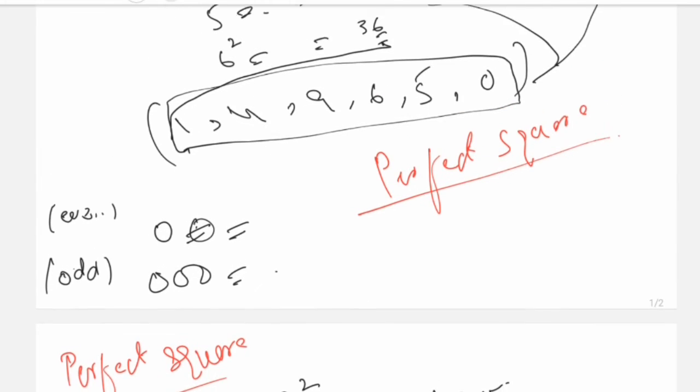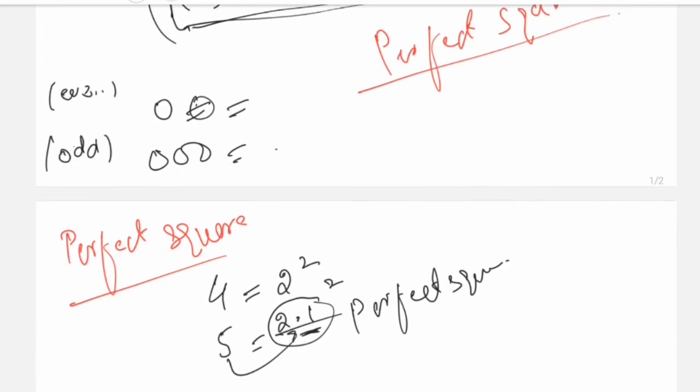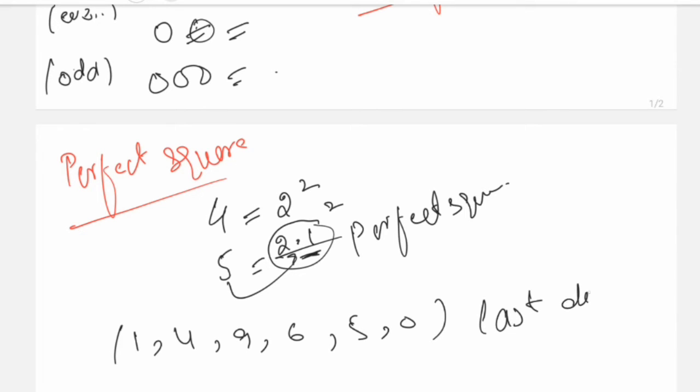So always remember, when we have one of these values as a last digit, meaning when we have 1, 4, 9, 6, 5, 0 as a last digit of any value, then it can be a perfect square.